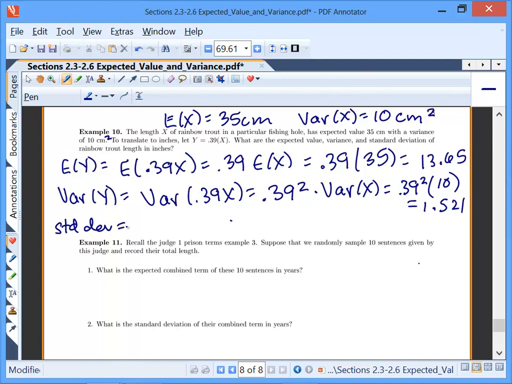And to find my standard deviation, I take the square root of variance. So 1.23 inches. So for this fishing hole, my average length will be 13 inches, and the standard deviation in the lengths of the fish that I catch will be 1.23 inches.